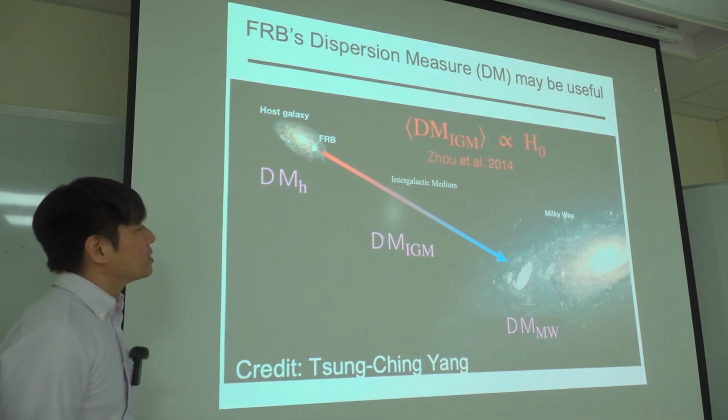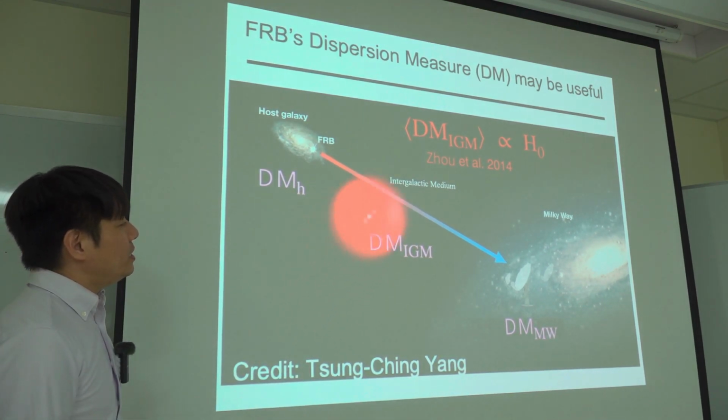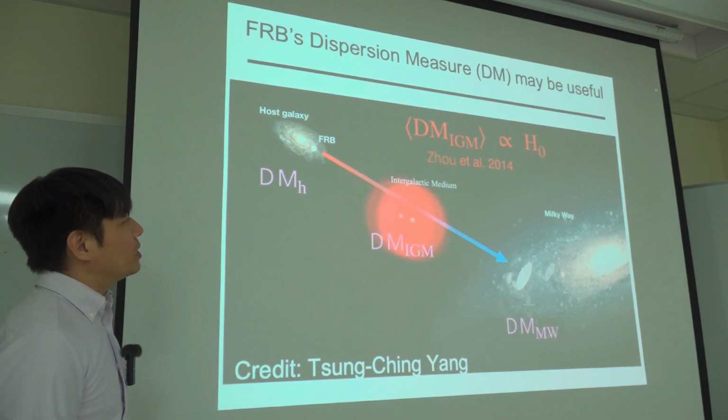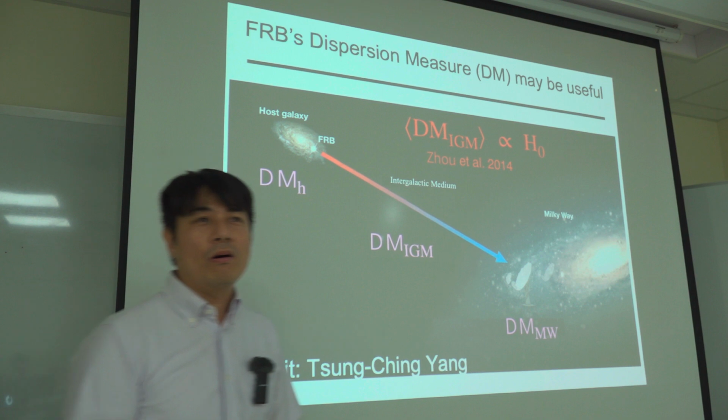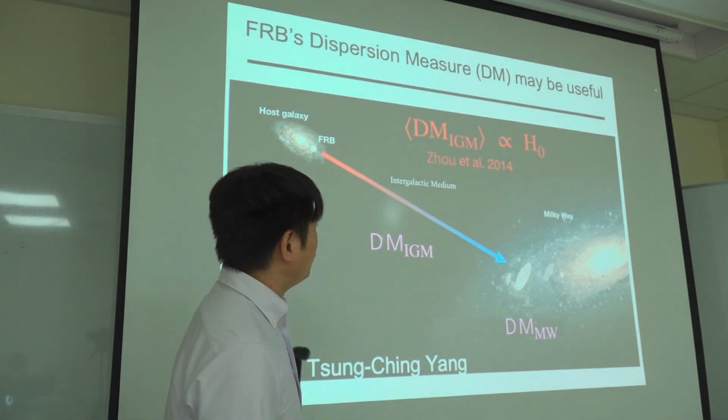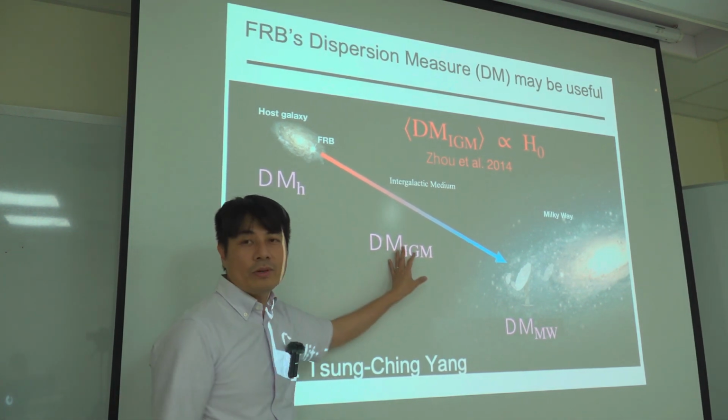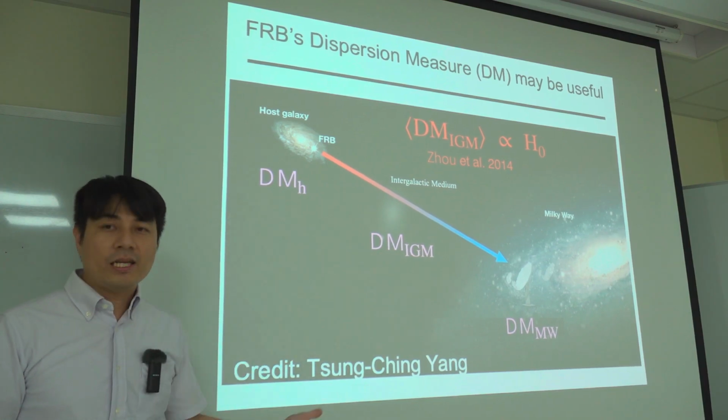The point is, DM IGM is related to the Hubble constant. This is because, if you remember, this DM can be used as a distance indicator.